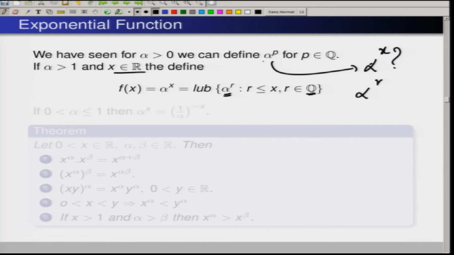Now you take the set of alpha to the power r for all r less than or equal to x. This is definitely going to be a bounded above set, therefore the least upper bound will exist, and I will call that alpha to the power x.